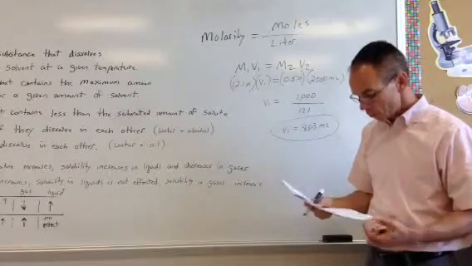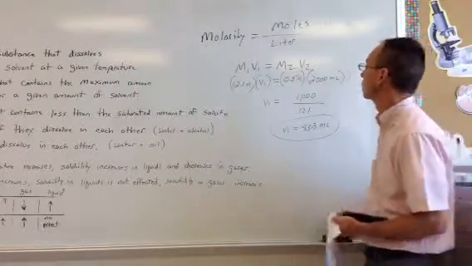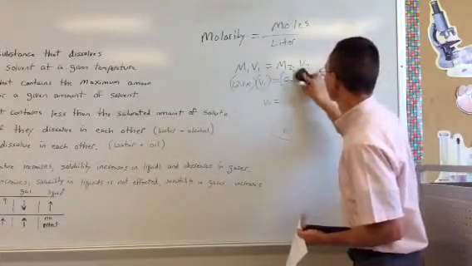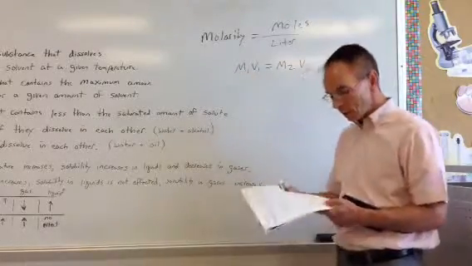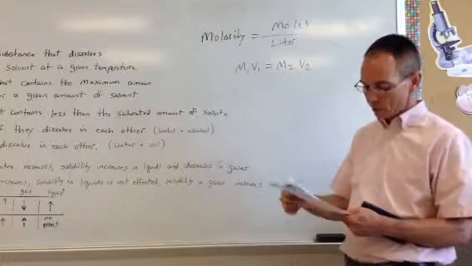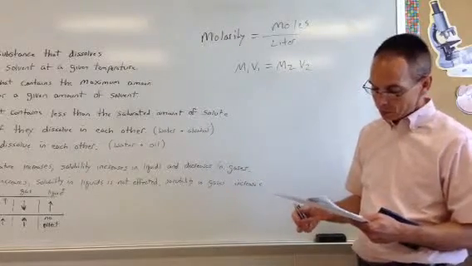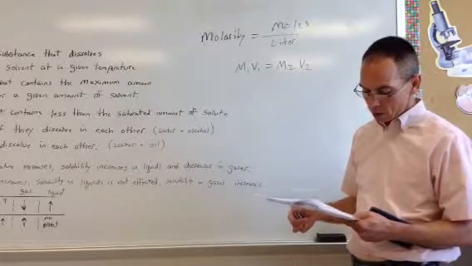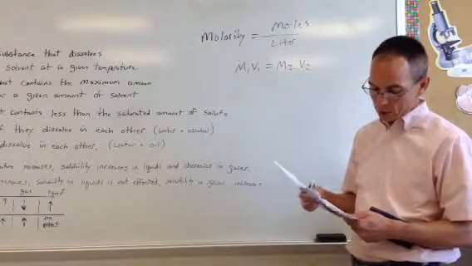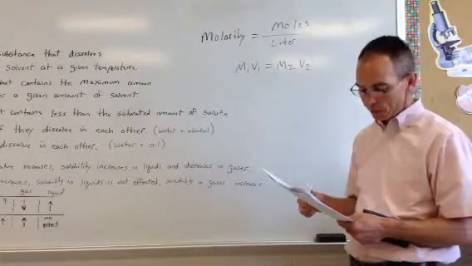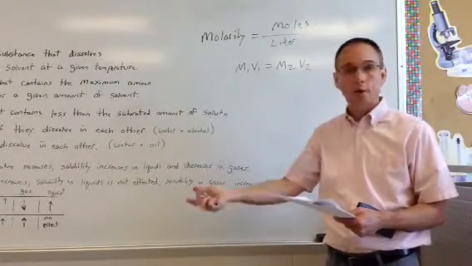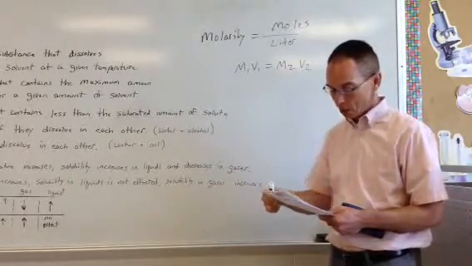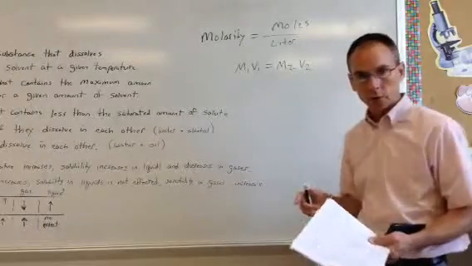Okay, let's try one more of those. Now this one says, how many milliliters of 18 molar sulfuric acid must be diluted with water to prepare 5 times 10 to the third milliliters of 0.25 molar sulfuric acid? So now we're working with sulfuric acid, and we buy the stock solution, and it comes to us in 18 molar strength.